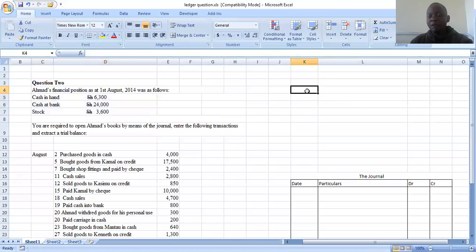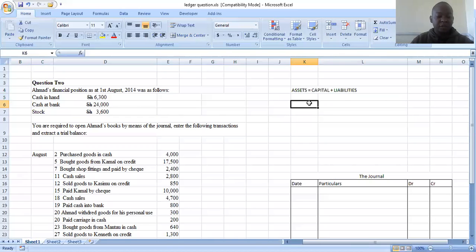And remember in our first lesson, we talked of the accounting equation: the assets being equal to capital plus liabilities. In this case, we don't have the liabilities, but we have the assets.